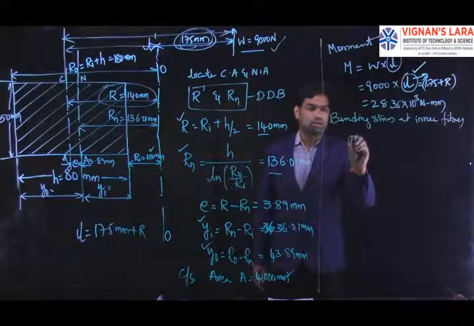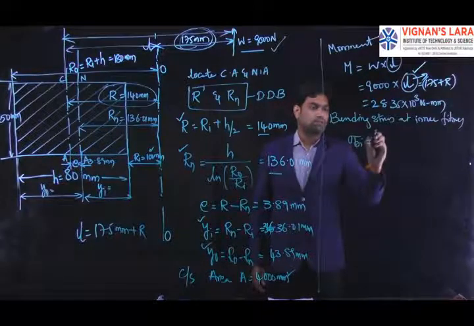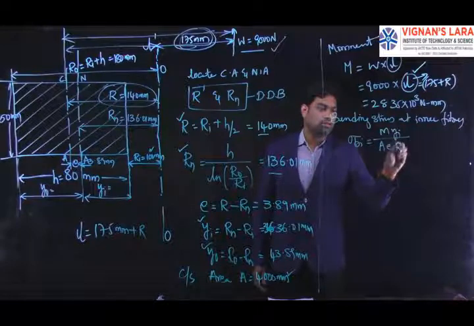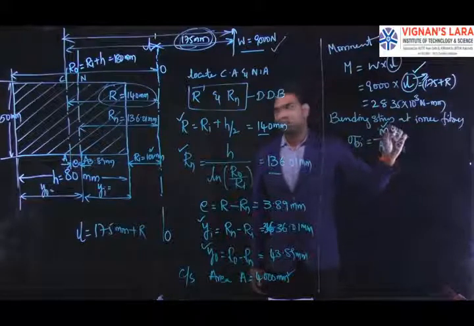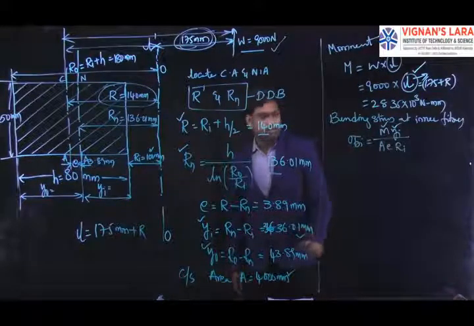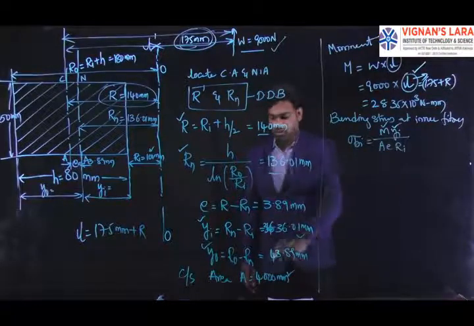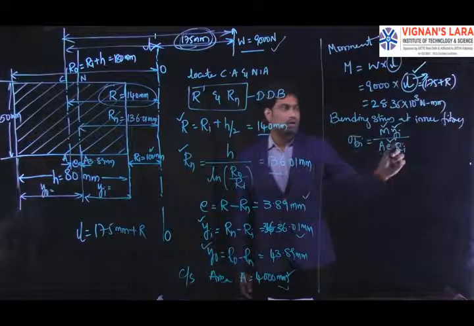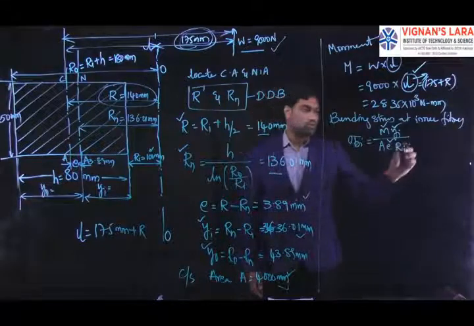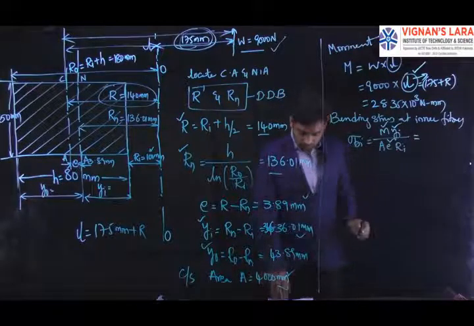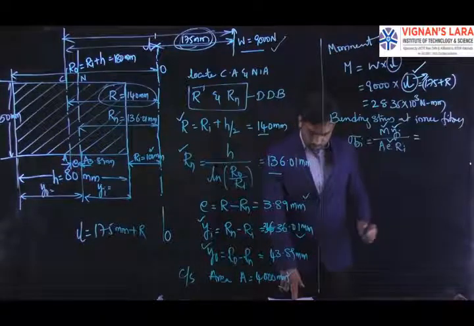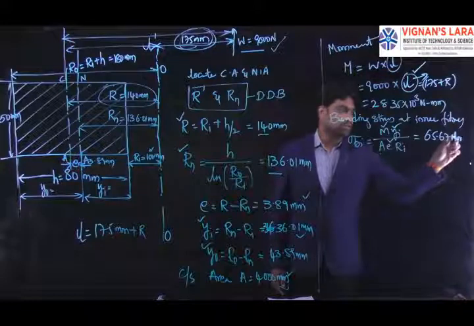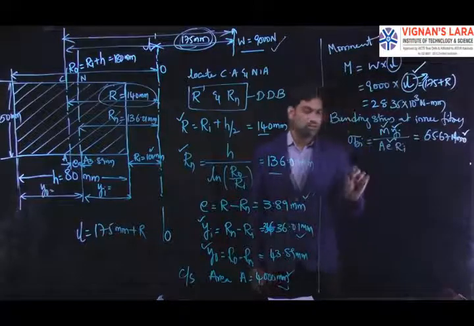That is sigma Bi equals M into Yi by A e Ri. The moment is calculated, Yi is known, that is 36, the cross sectional area A is found, e is also known, and Ri is given in the data. Substituting all the values, I get a bending stress of 65.67 Newton per mm square.